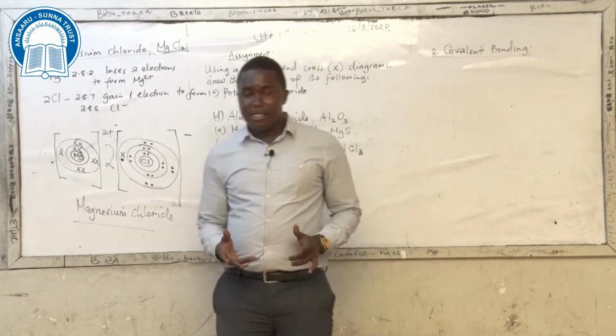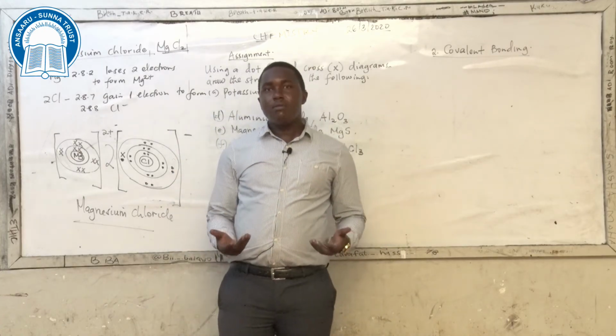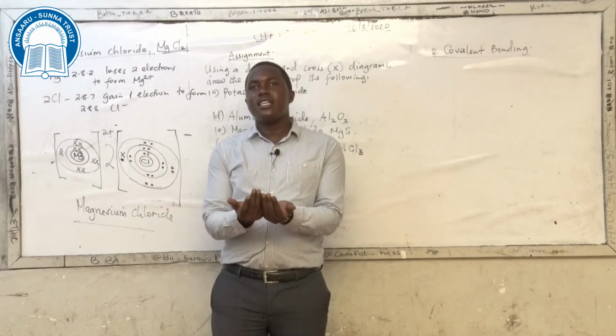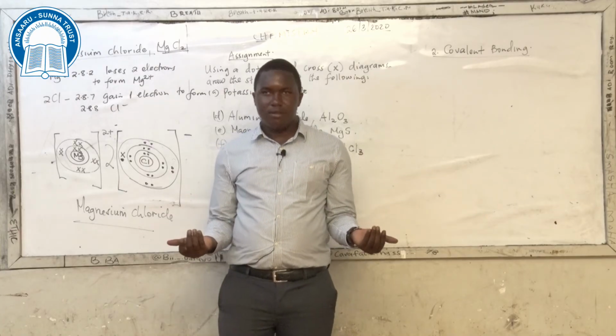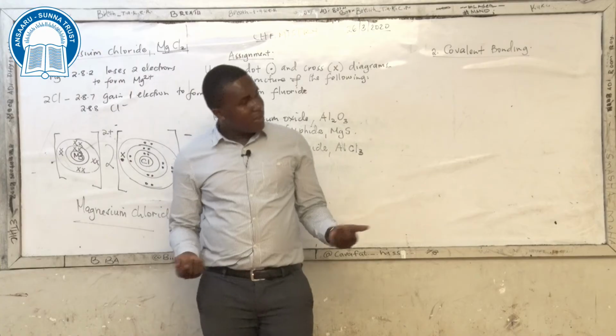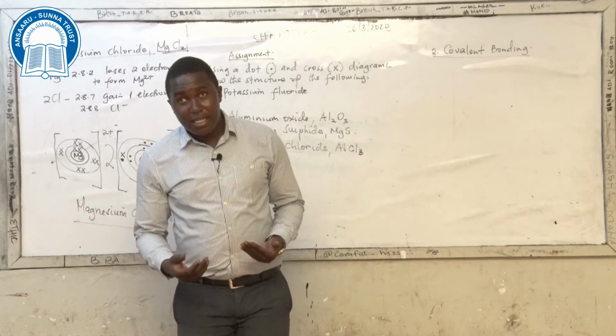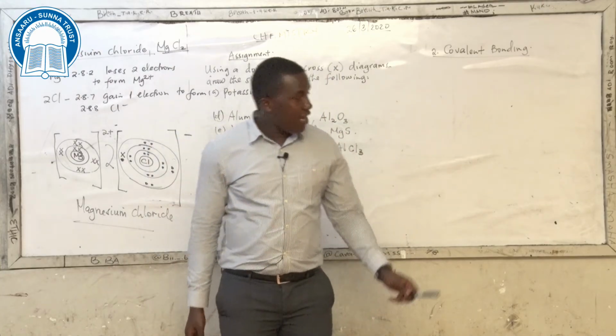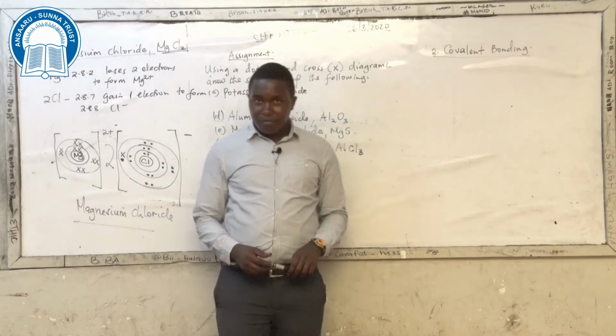When that happens, the atoms can decide to share the electrons they have instead of giving them out. So when electrons are shared among the bonding atoms, then a covalent bond originates.